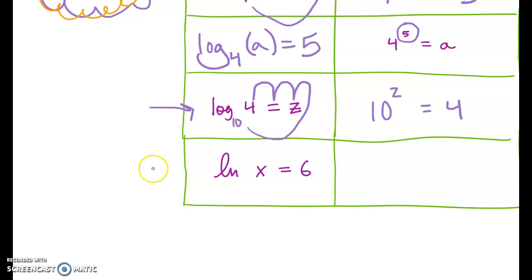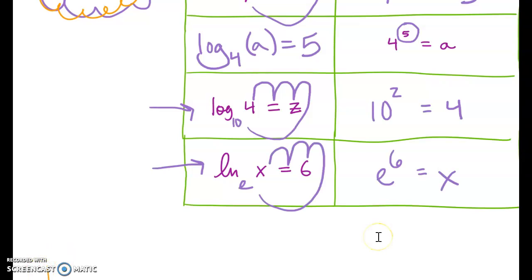All right, your turn to try on number 4. All right, similar to the previous example, our base was not written, but based on our knowledge of the natural log, we know that the base is understood to be e. And so I end up getting e to the power of 6 is equal to x.